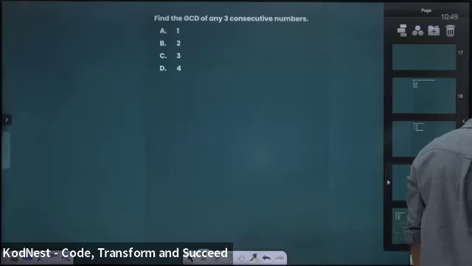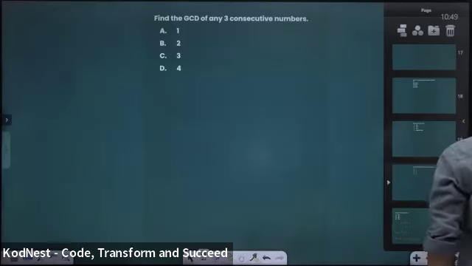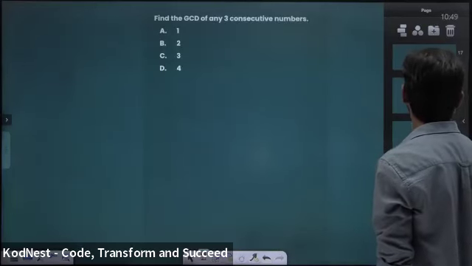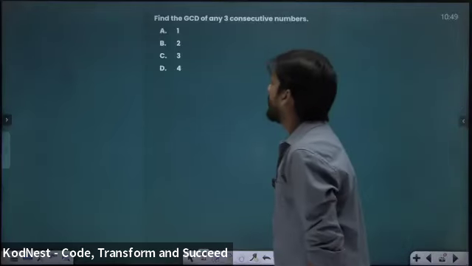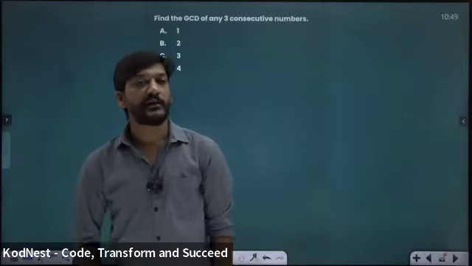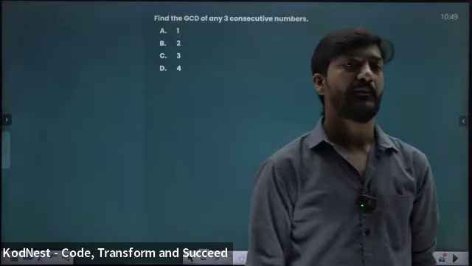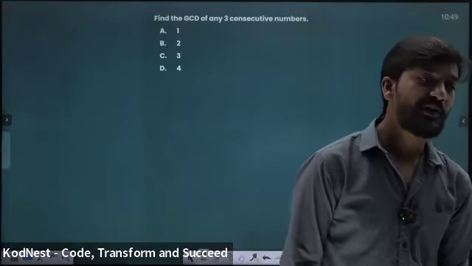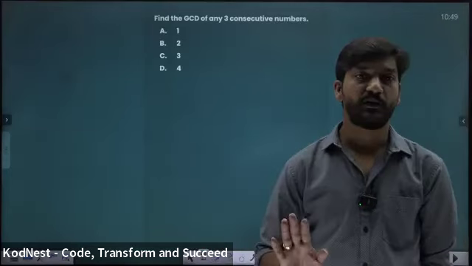Okay. Please solve this question. The highest common factor of any three numbers, any three. If LCM is 540, the LCM is 5.40 if you have calculated.